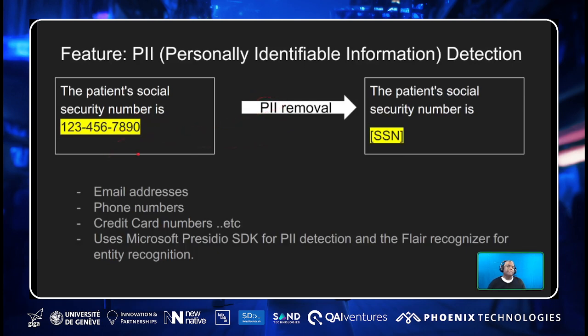You can tell it to remove it, and it'll remove it for you. It could be email addresses, phone numbers, credit card numbers, ID numbers, whatever. It can understand all of those. By the way, we use the procedure toolkit, which is open source, to do this. So we leverage a lot of other open source toolkits to do some of the work.